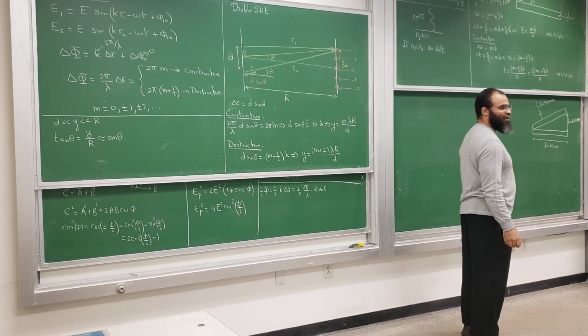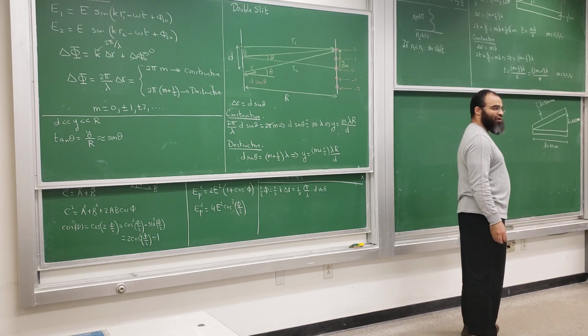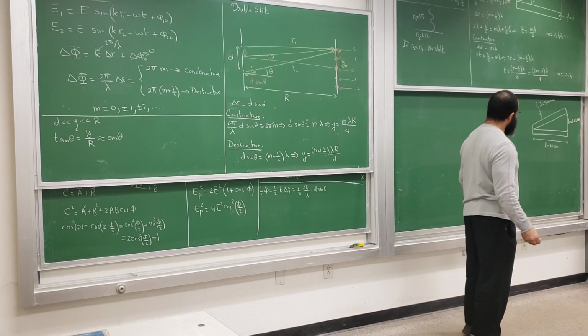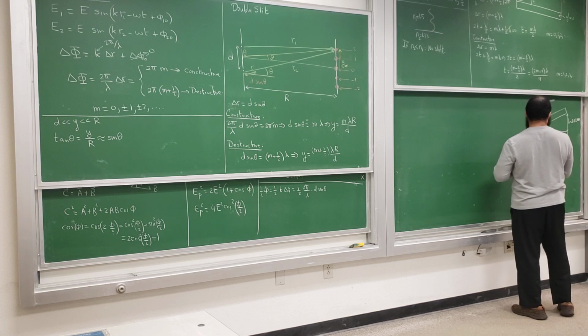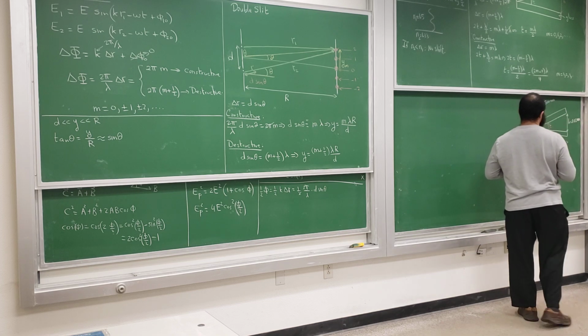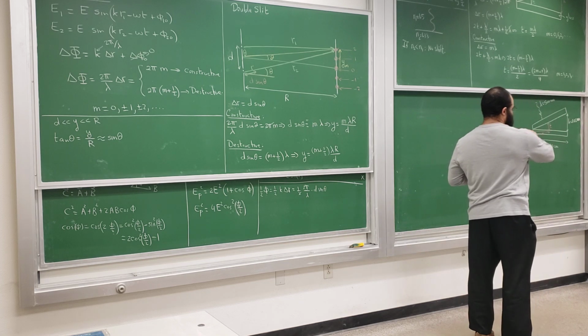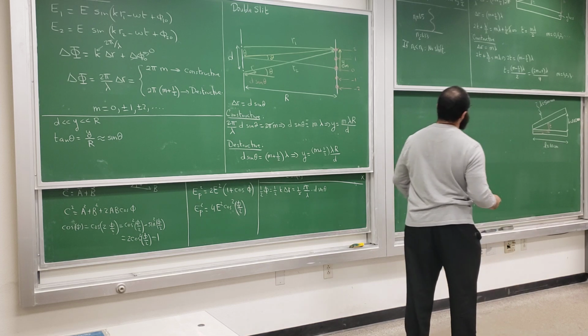So let's find the position of the dark spots. Let's say the distance this way is x. Here's x. And so this would be t. If I want to know horizontally what's the position of the dark spots, let's use destructive interference.